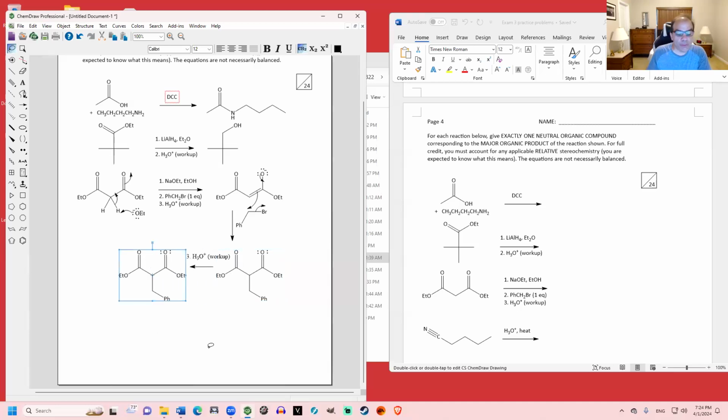So this is the answer that was accepted for full credit. H3O plus doesn't do anything to that if it's just dilute, in a workup step.